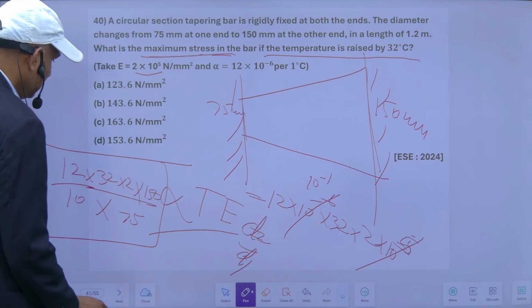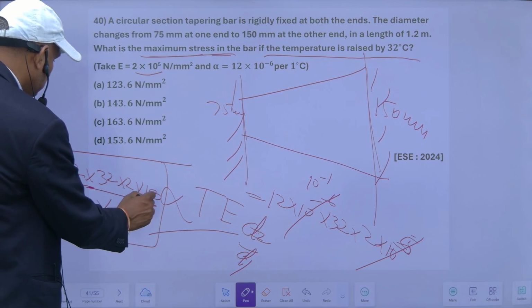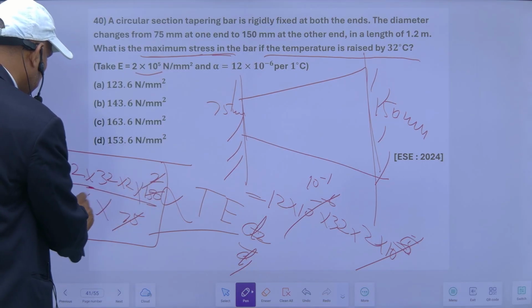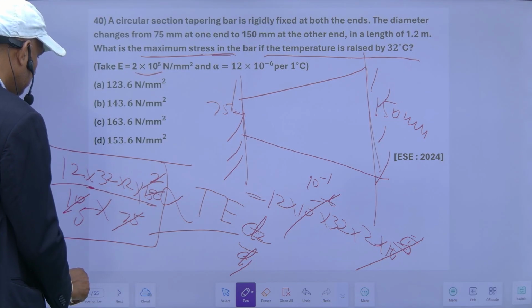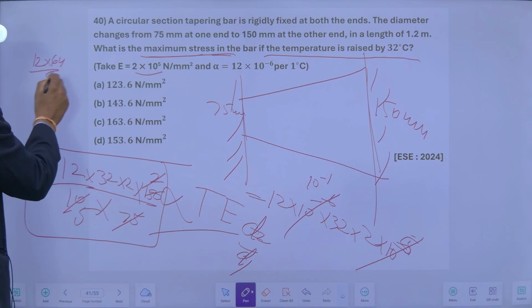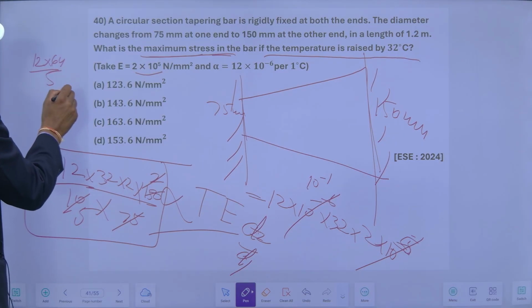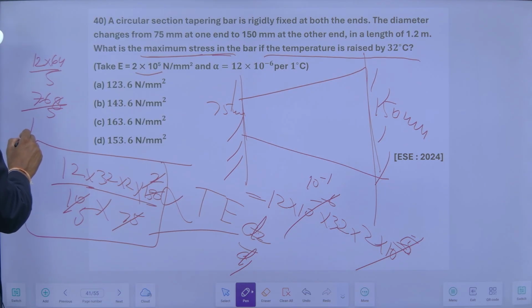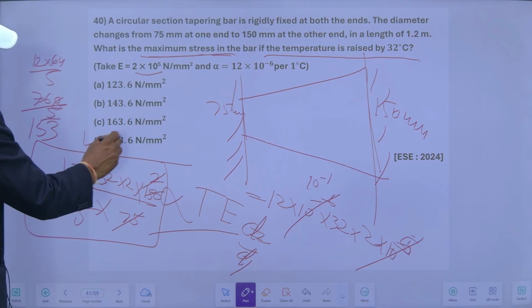So this will be 1264.5, so this will be 1. So this is the correct answer in this case.